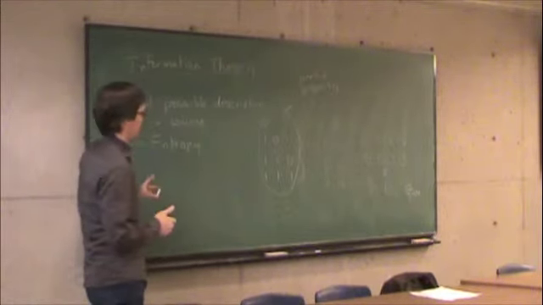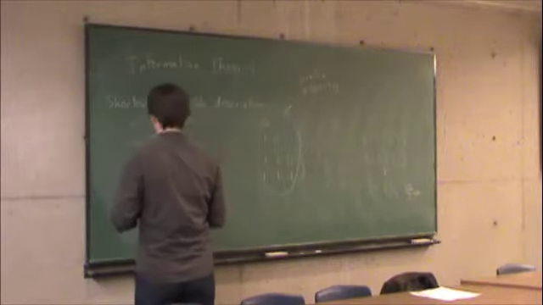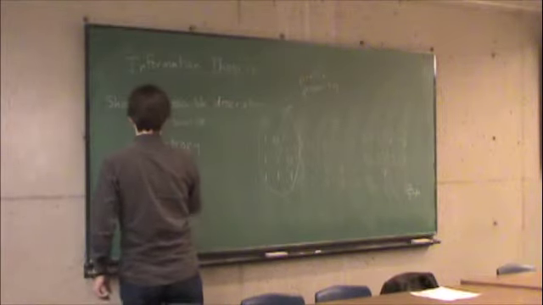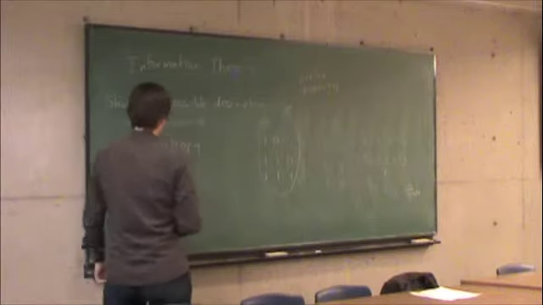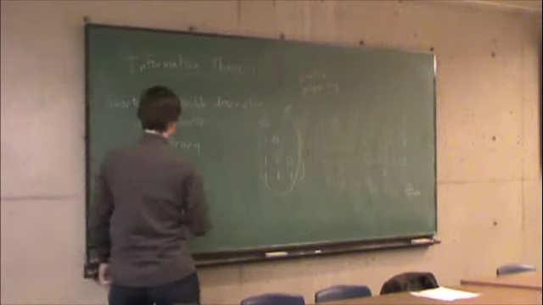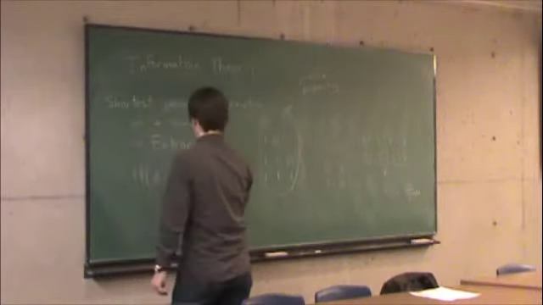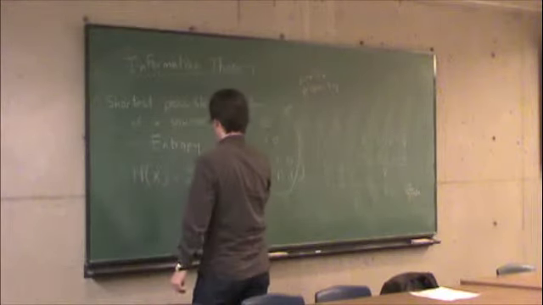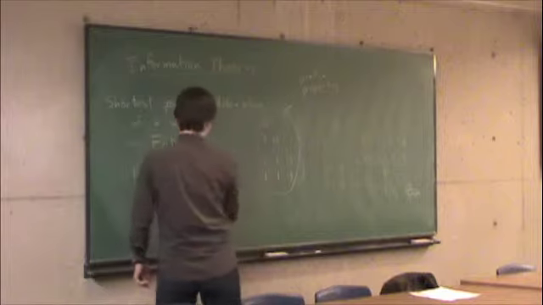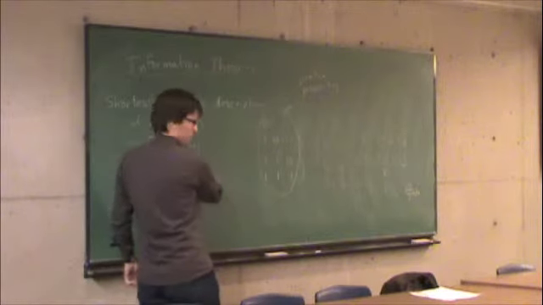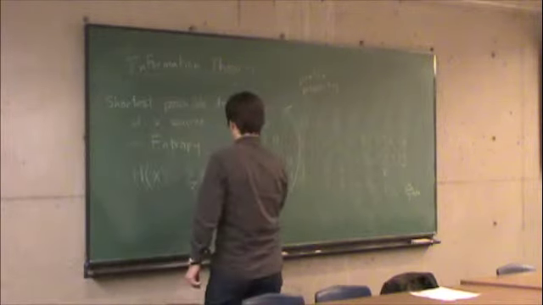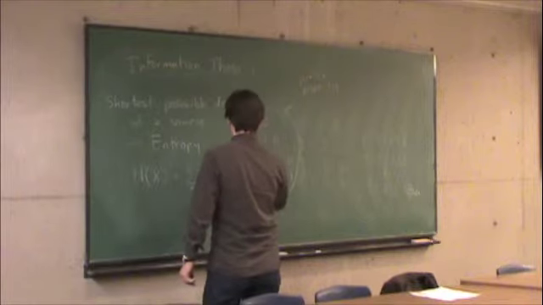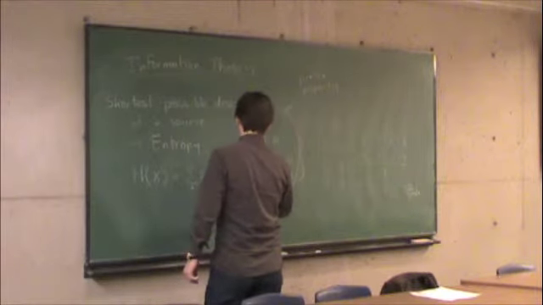The definition of information theoretic entropy is the following. If X is a source, H of X, the entropy of X, is equal to the sum over all possible outcomes of X, probability of that outcome times log base 2 of 1 over the probability of that outcome.